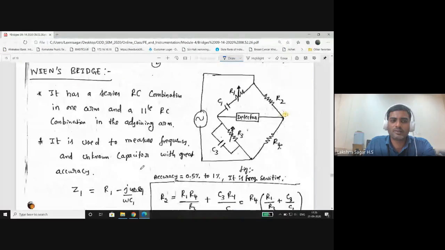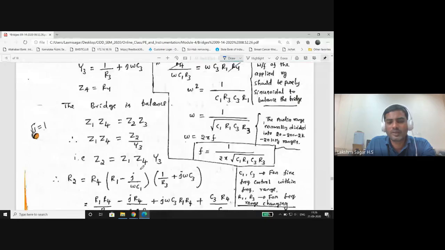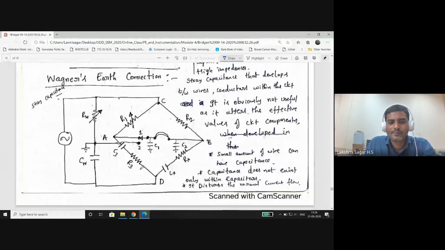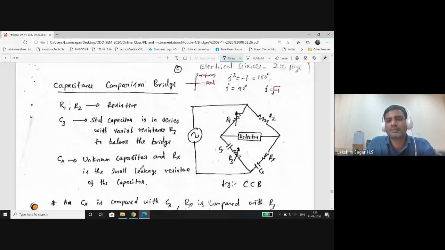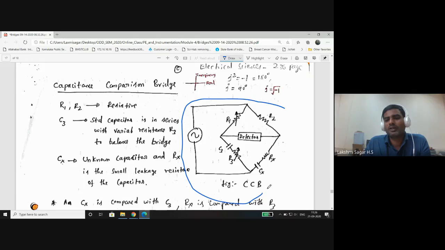Next, before I discuss the Wien bridge network, now the capacitance comparison bridge network. This one we will solve. Now, this is the bridge network. You have to obtain the equation for Cx and one more, Rx.